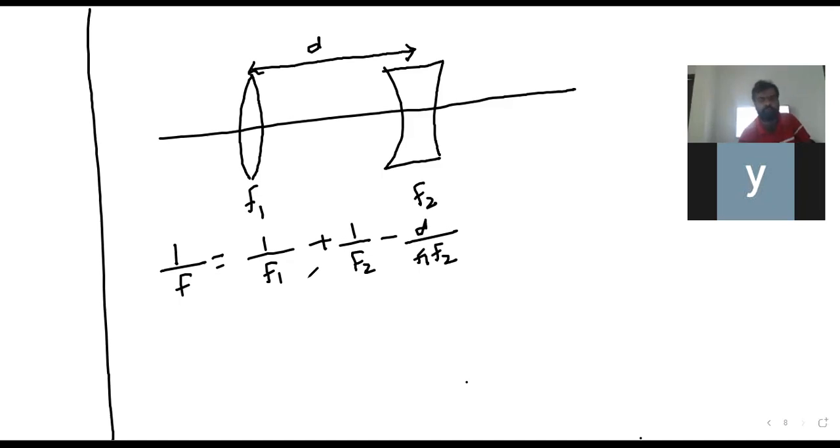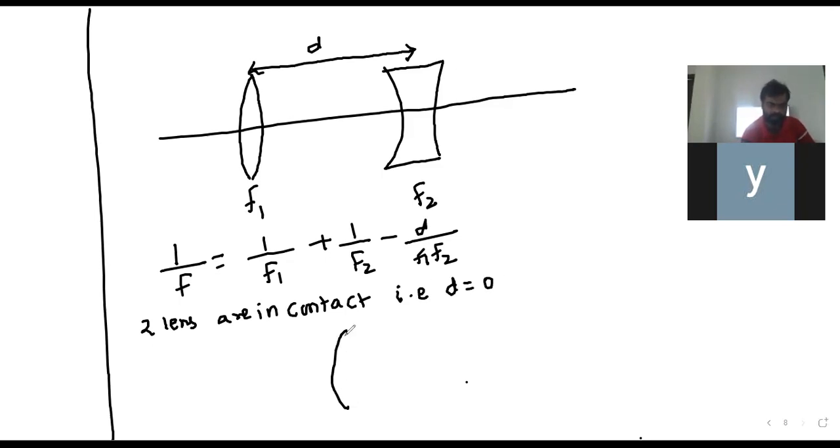Suppose the two lenses are in contact, then what will be the formula? Two lenses in contact means d equal to 0. The combined focal length I can write as 1 by f1 plus 1 by f2.